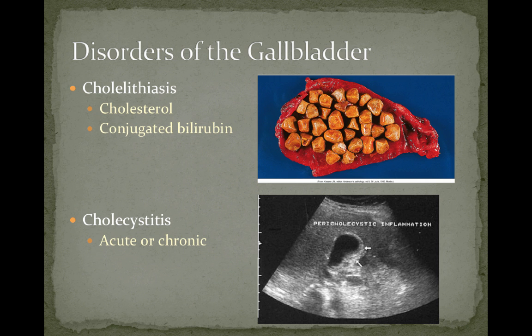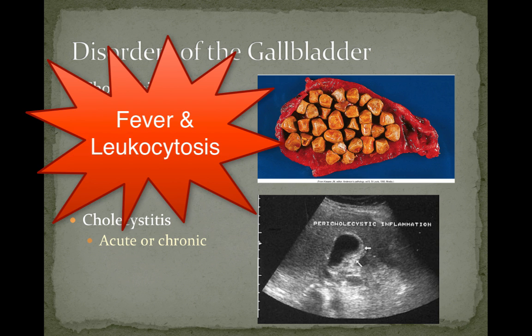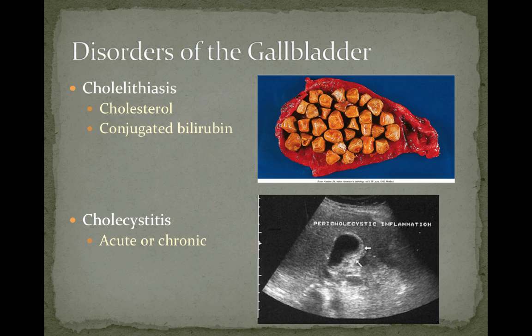So it's usually a surgical emergency, and that is the reason why many people will go in and have their gallbladders taken out emergently. Because this can be a sign of systemic illness, you'll see fever and leukocytosis as well, very common in cholecystitis.